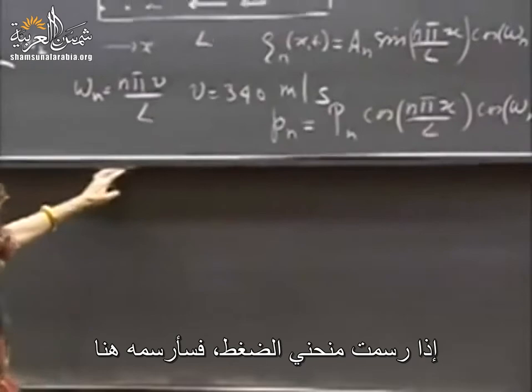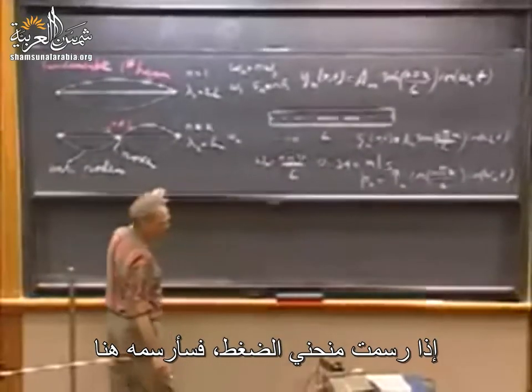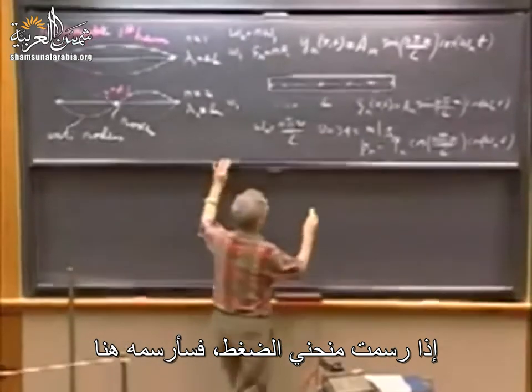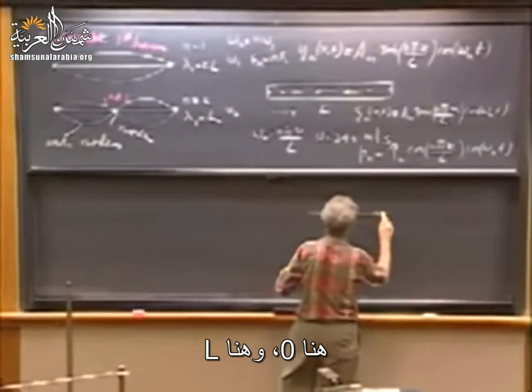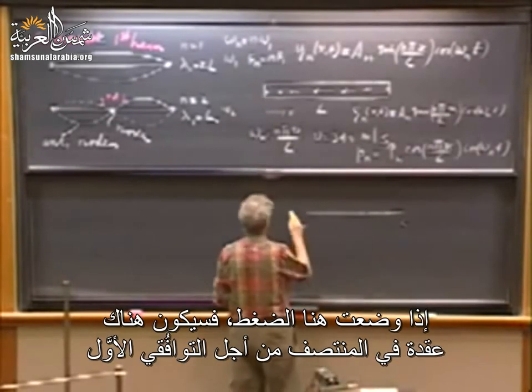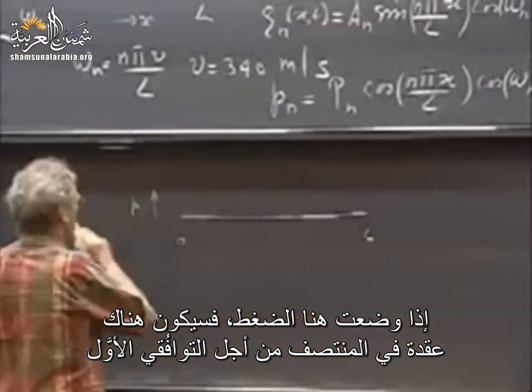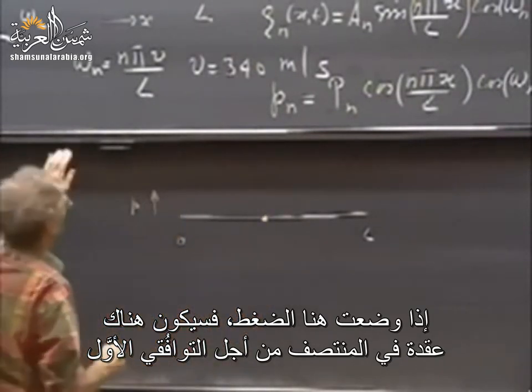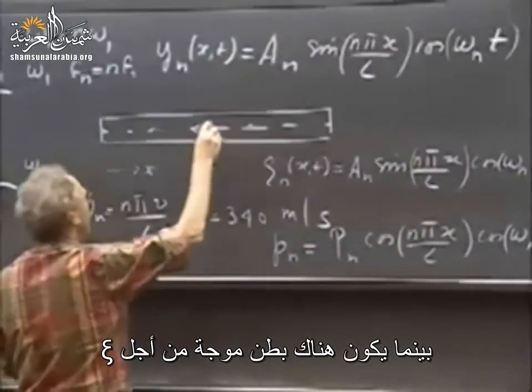If I made a plot of the pressure, I will do it here so that it doesn't become too cluttered. So here is now 0, and here is L. If I put here the pressure, then in the first harmonic, the fundamental, there is a pressure node in the middle, where there was an antinode for psi.